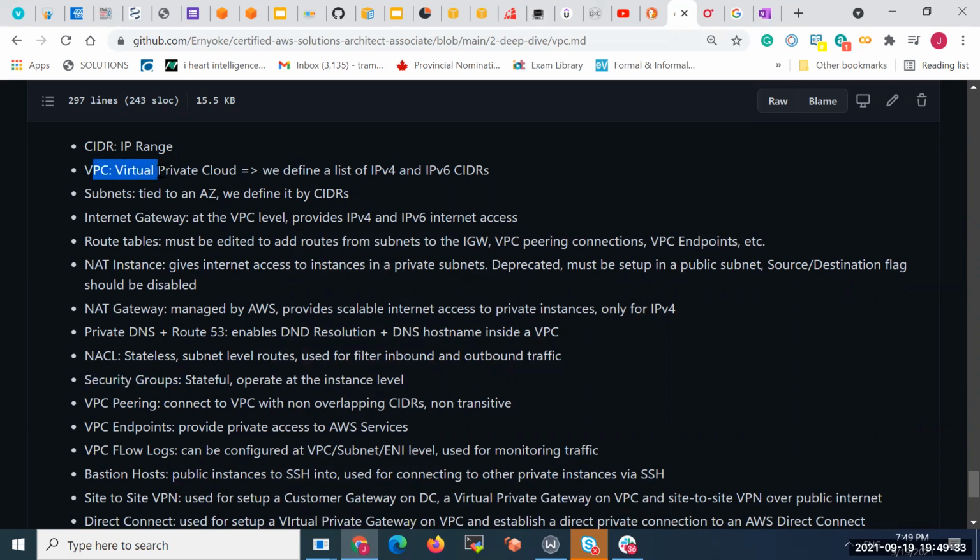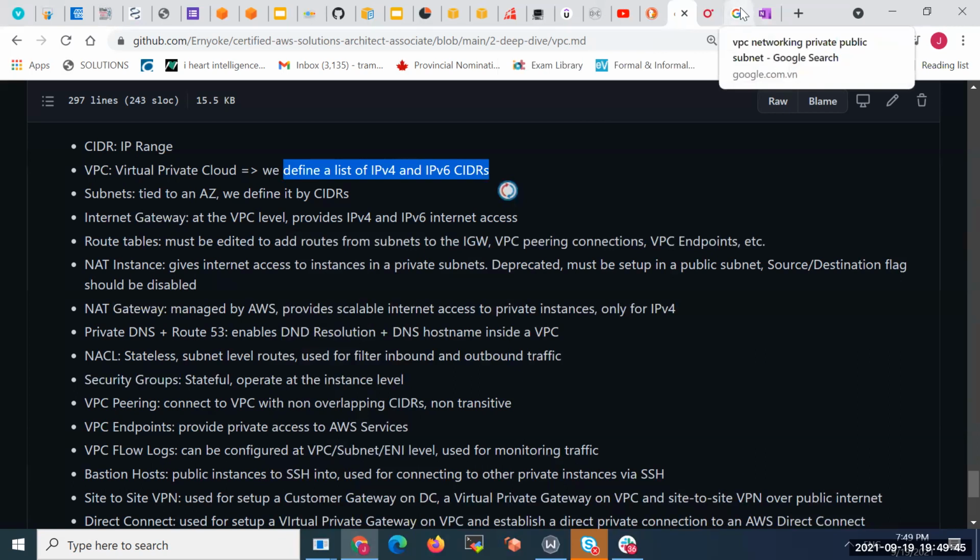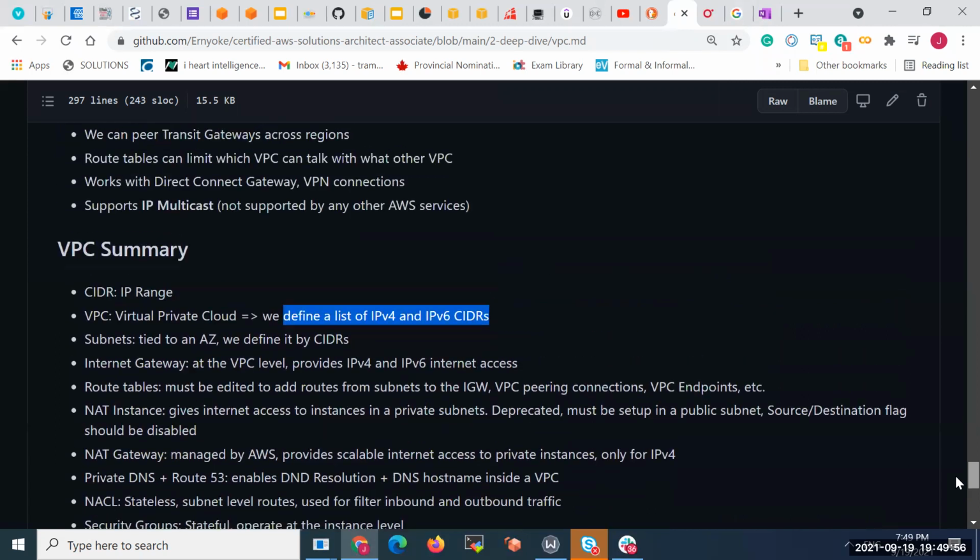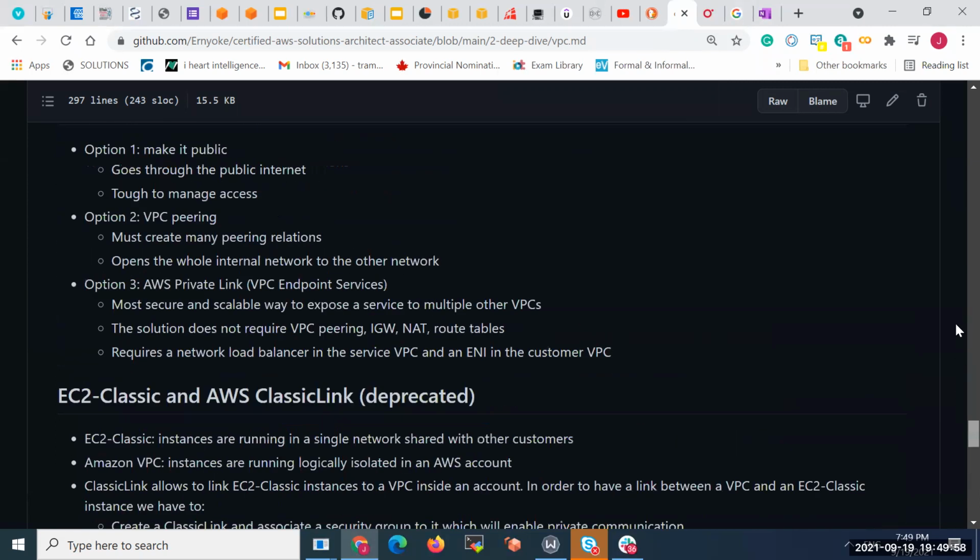Sure. Let's go back to this virtual private cloud. So it is basically the list of IPv4 and IPv6 CIDR blocks, and how you size the VPC to have the block that's suitable for you. Then you have to go back to network design on how to size it.